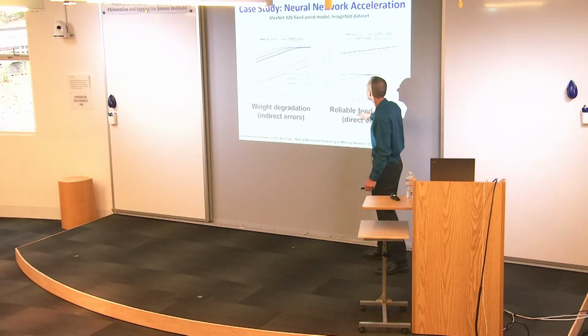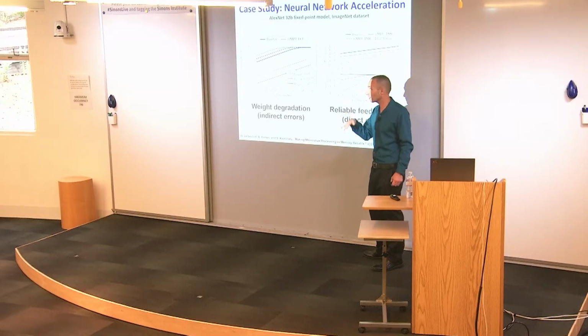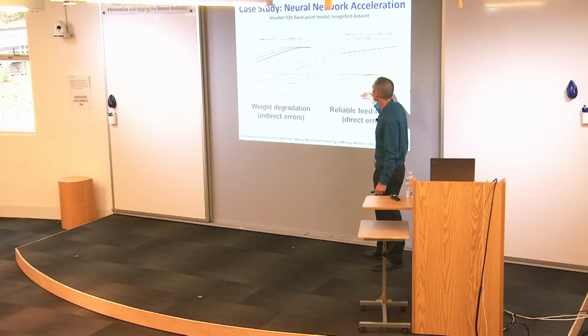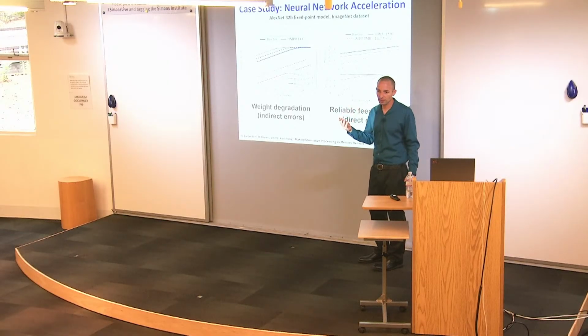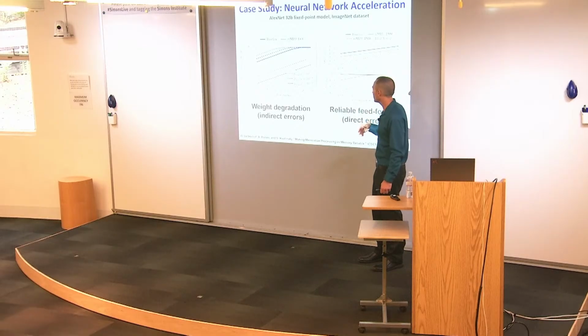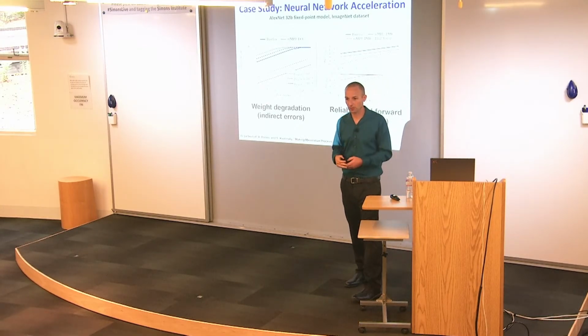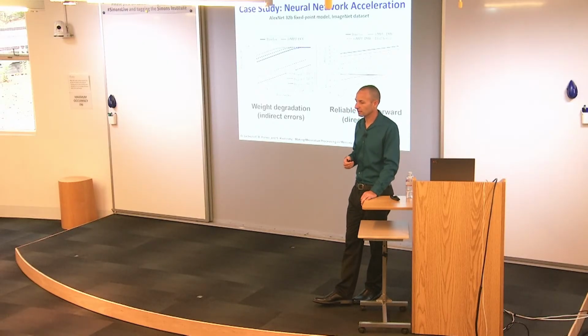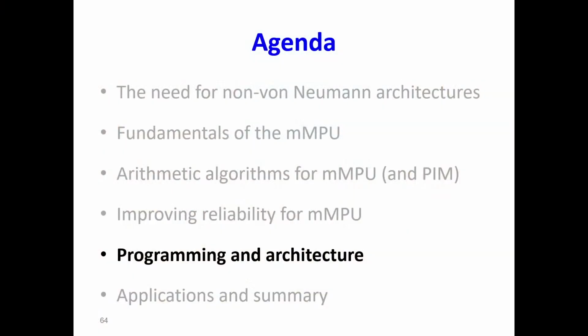And we see in brown, those are the results with the ECC. And lower is better here. In blue, the results without the reliability mechanisms. And you can see that we get a few orders of magnitude better results for the improved reliability. So that's about reliability.